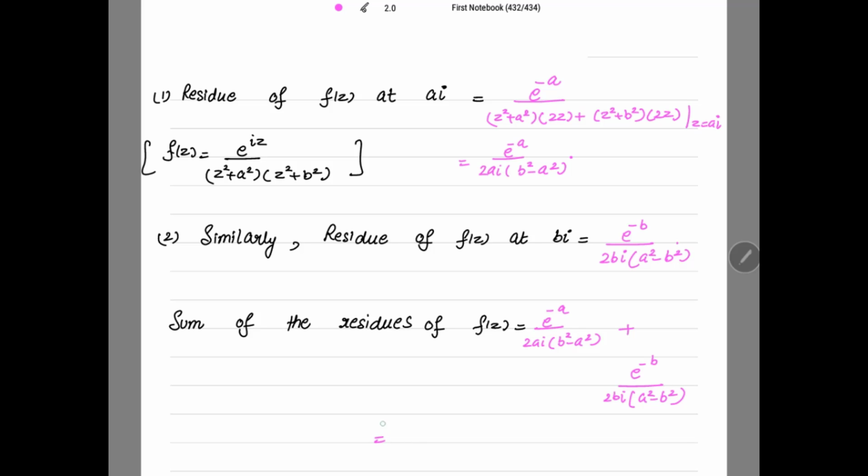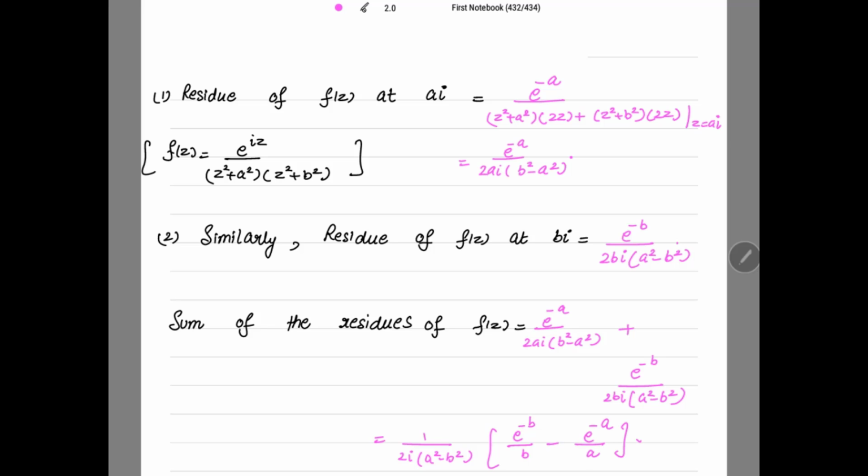Cool. So this is equal to 1 over 2 iota, taking common a squared minus b squared, e to the power minus b over b minus e to the power minus a over a.